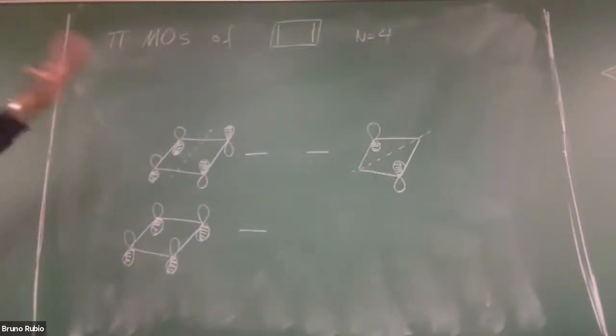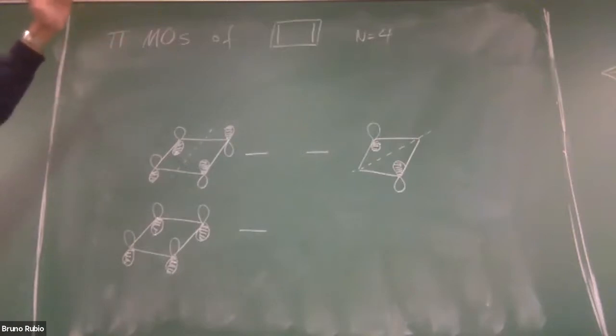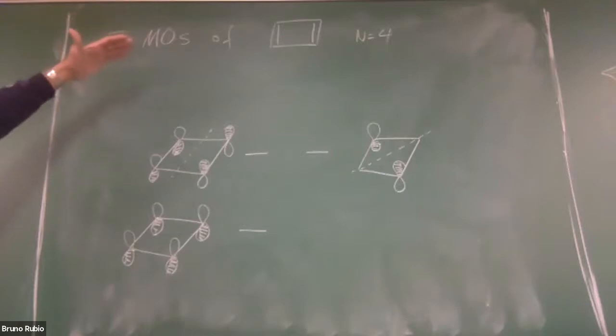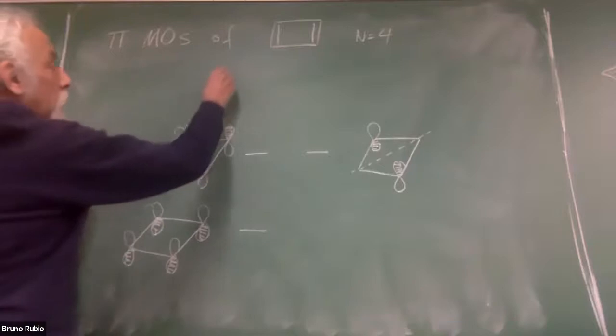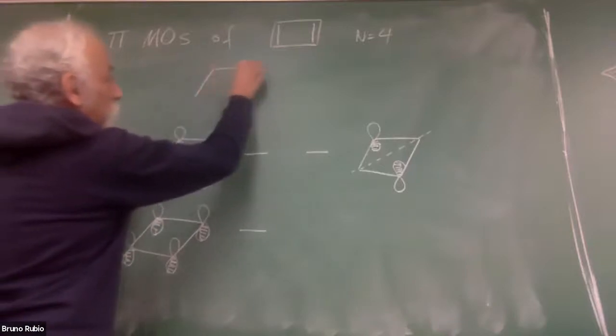Okay, so now the 3 down, 1 to go. The next molecular orbital is going to have 2 internuclear nodes. And so the question is, how can I draw 2 dotted lines symmetrically disposed through a square? There's my square.